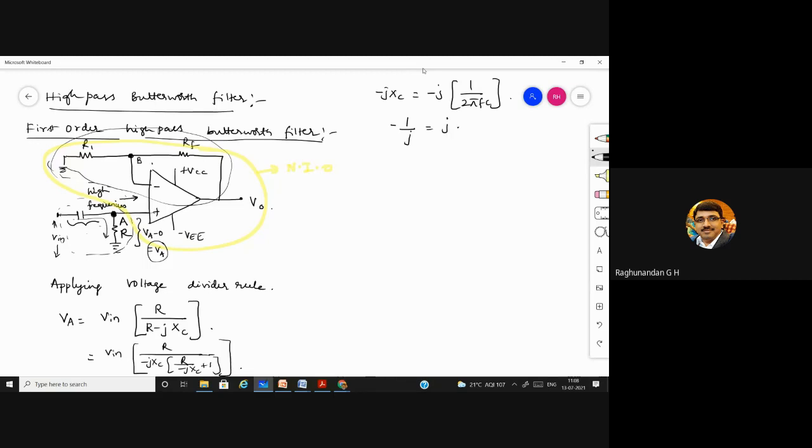So 1 divided by minus jXC is equal to j divided by XC if you shift it upwards. So that is j divided by 1 divided by 2 pi FC, that is equal to 2 pi FC into j.